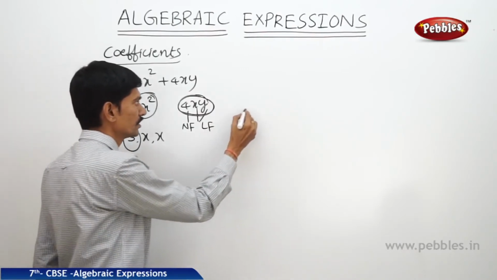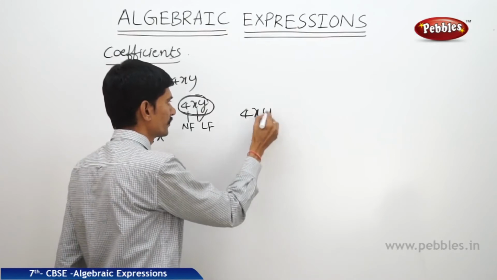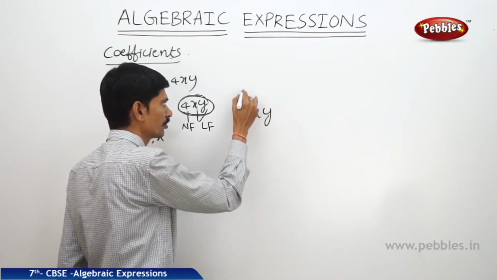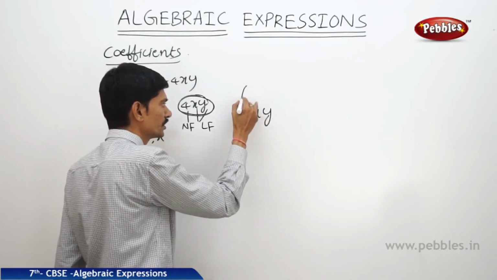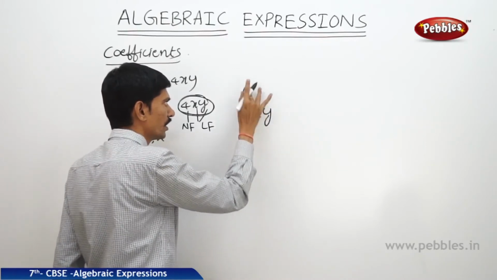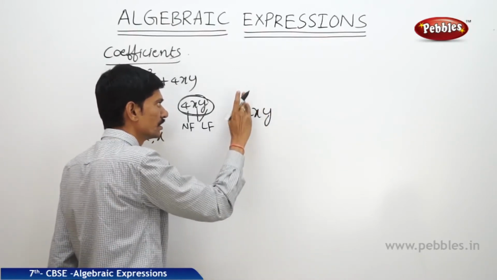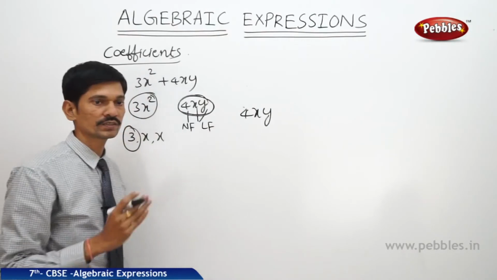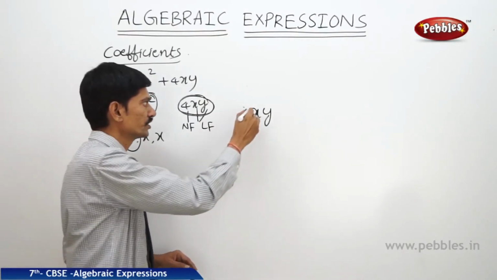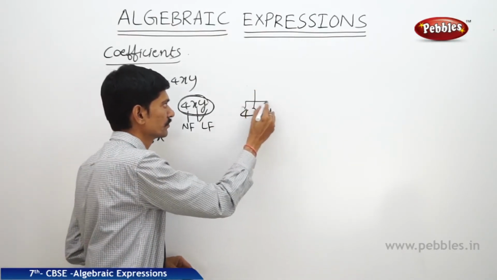In the term 4xy, 4 is the numerical coefficient or coefficient of the term 4xy, and each literal coefficient is also called the coefficient of the remaining factors.